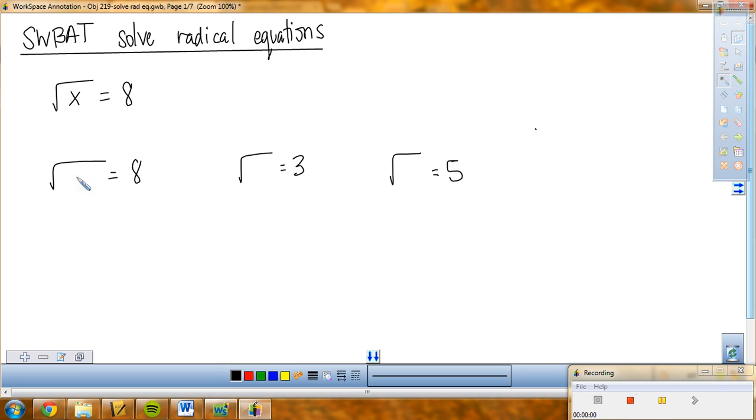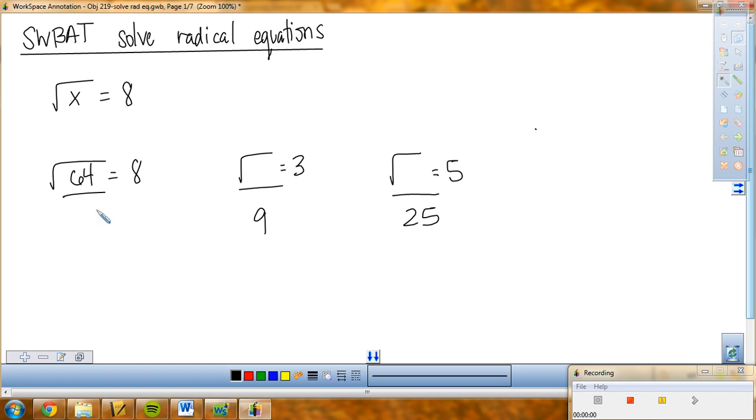On the square root quiz, we had the square root of some number is equal to 8, and we needed to know that our perfect square was 64, or if we're finding the square root equal to 3, the square root of 9 gave us 3, or for 5, the square root of 25.